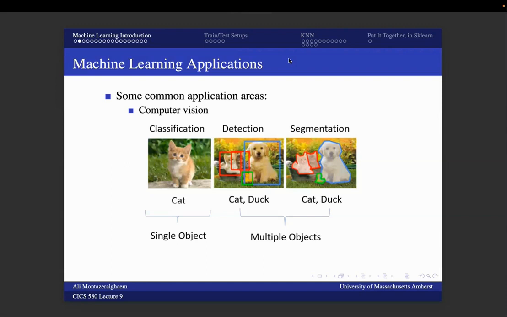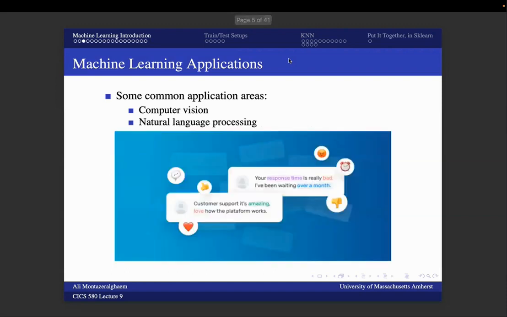So this is the first common application in machine learning, and the second one is natural language processing. This is a broad task in computer science, but I just want to mention a simple example here.